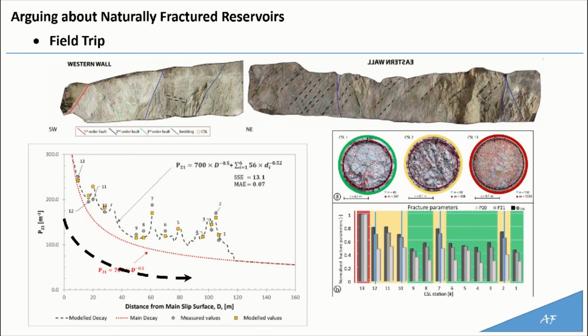The analysis of the fracture network shows an exponential decay of fracture intensity away from the main slip surface, although strongly influenced by subsidiary faults. Observations very similar to those drawn by the other papers mentioned in the former slides.